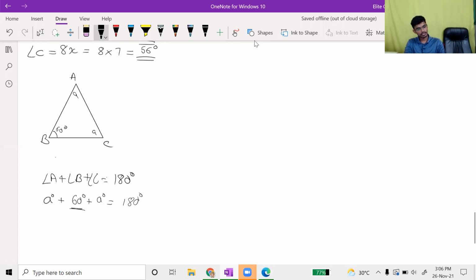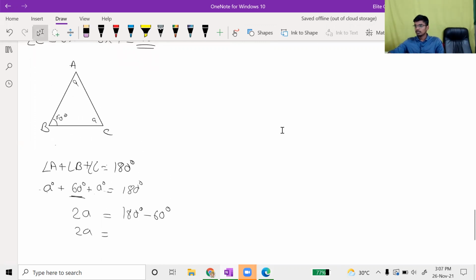So this 60 degree you will transfer here, it will become minus 60. And these two A's we'll take as 2A. 2A degree is equal to 180 minus 60 degree. Now tell me, 180 minus 60 is how much?